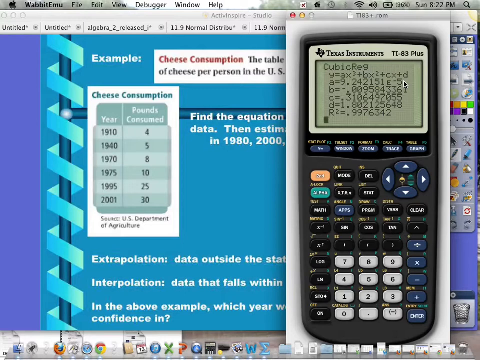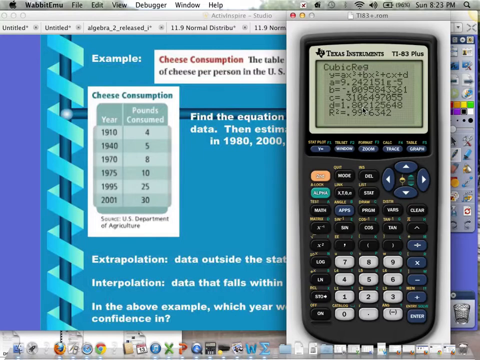So instead of putting in 9.24, you would really write 0.0000924 x cubed. Be very careful with these, because that little E is easy to miss, so just look very carefully. And then the b would be negative 0.01, c would be 0.31, and then d would be 1.80.